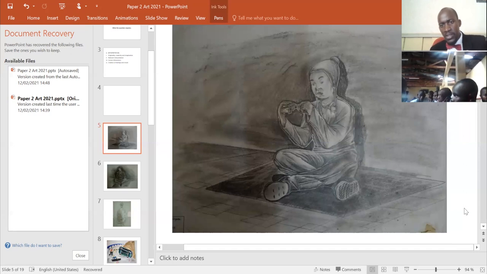This candidate has picked specifically one shading technique, though he has used it well. Out of 10, how much would you give him? 7. So let's say that is 57.5 out of 80.